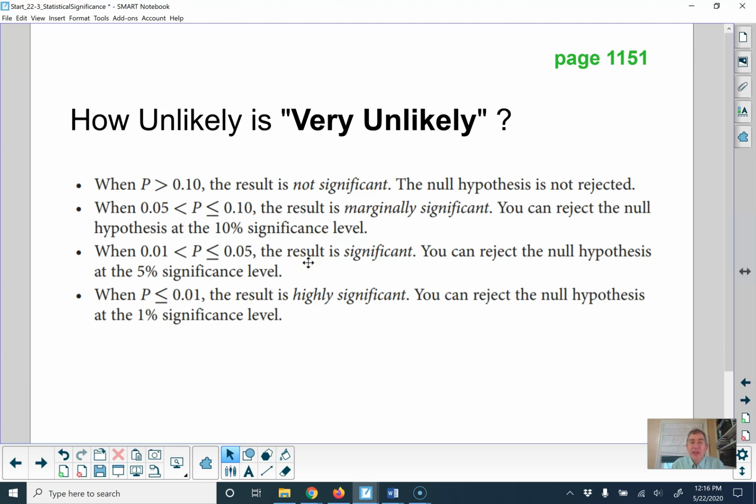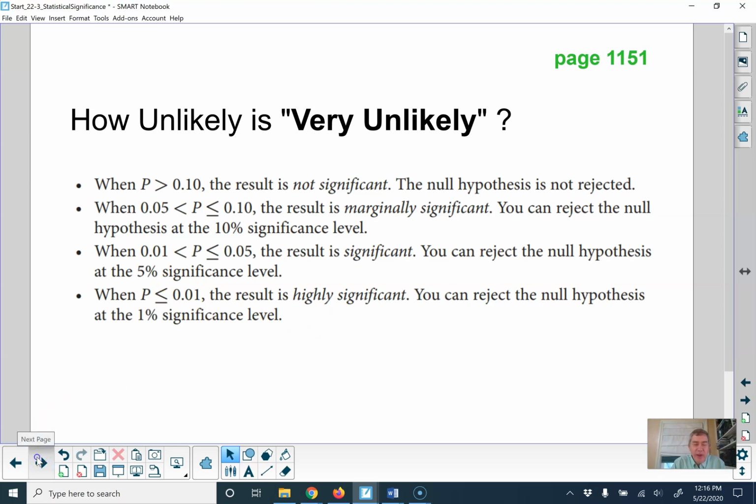And you're saying, okay, this happens less than 5% of the time. So, the fact that it came up means it's likely that there is something going on here. Of course, that means you're going to be wrong 5% of the time. And statisticians accept that might happen. If you're less than 1%, the result is highly significant. You reject the null hypothesis, you're all good.